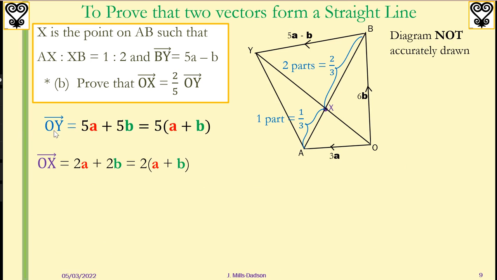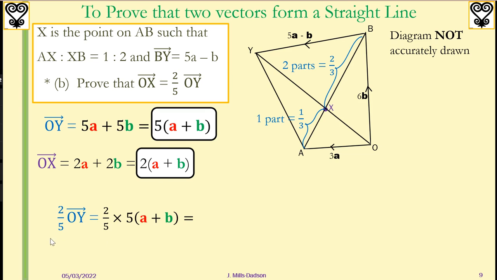We had OY as 5 into bracket A plus B, and we have OX as 2 into bracket A plus B. So if you look carefully, it confirms that one is a multiple of the other. That one is a fact. We can really see that.